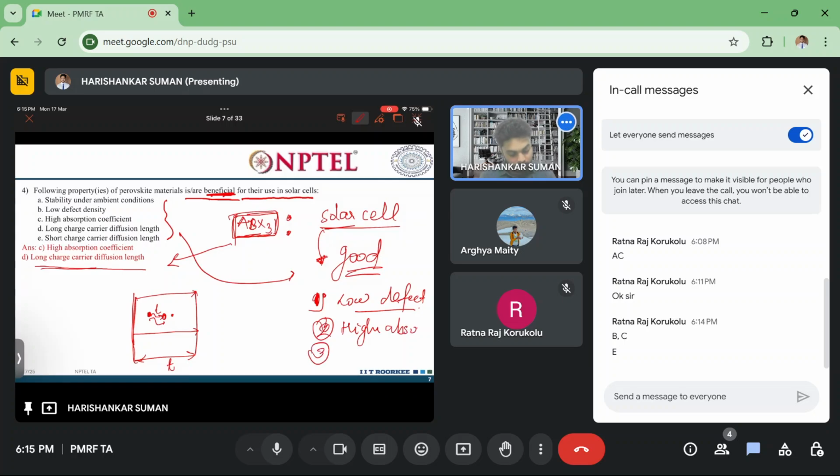Second, third, high carrier mobility also should be there, and high diffusion length, and charge carrier lifetime should be high.